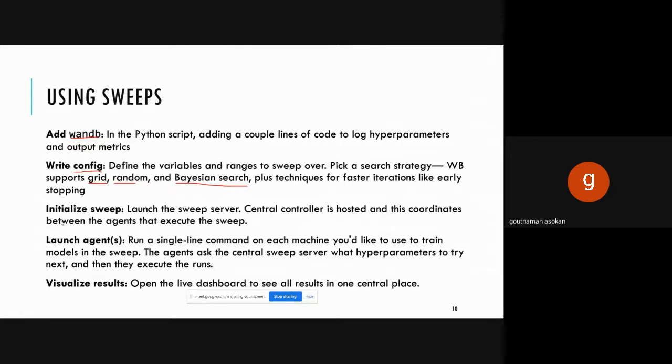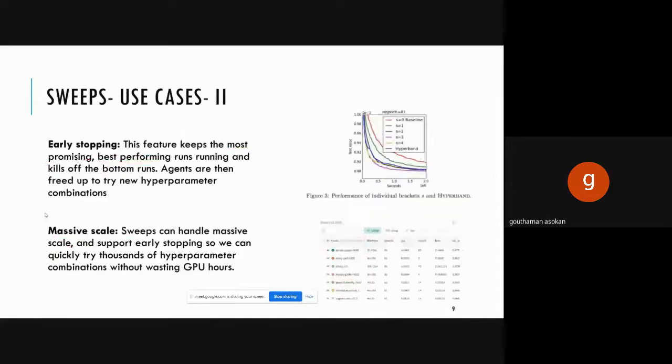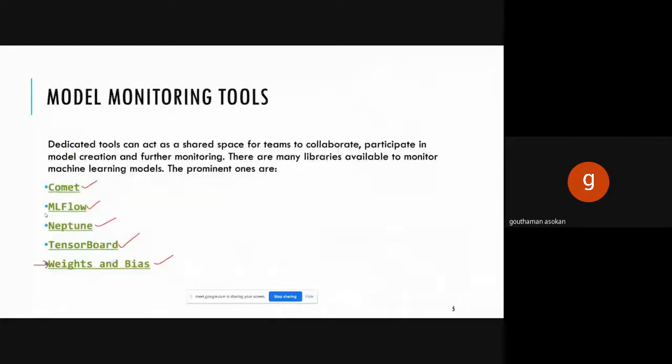The next thing is we need to initialize. Yeah, in TensorBoard also we were adding serialization code within the Python code, right? That creates some kind of serial files which are analyzed by TensorBoard. So it looks like a similar scheme here, right? Yeah. As I said before, TensorBoard is also one of the model monitoring tools.